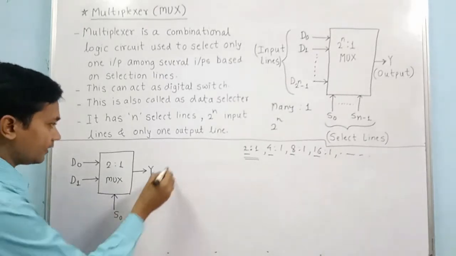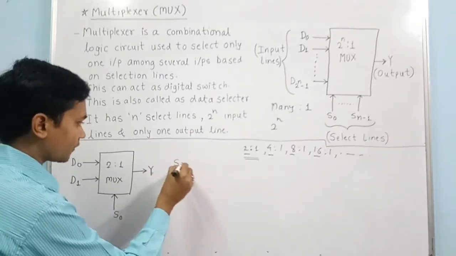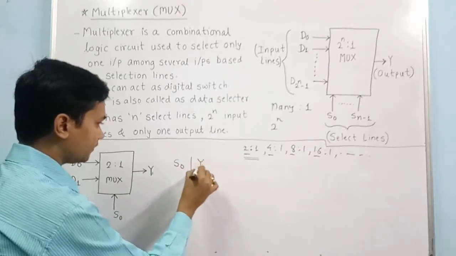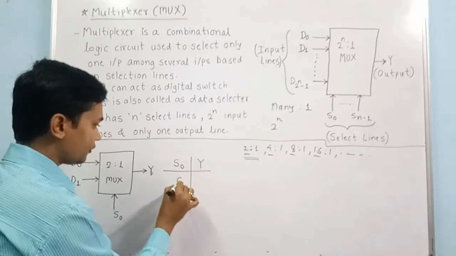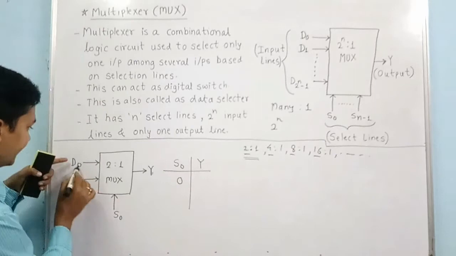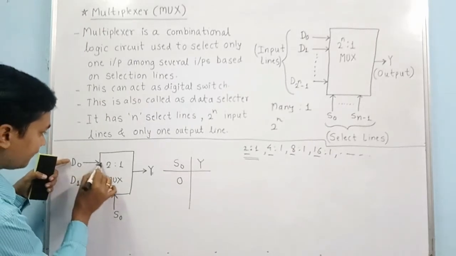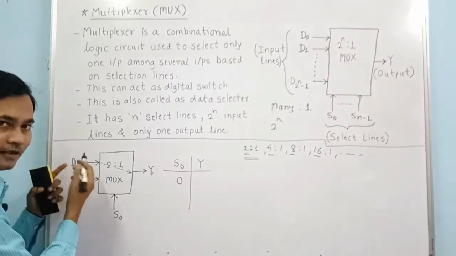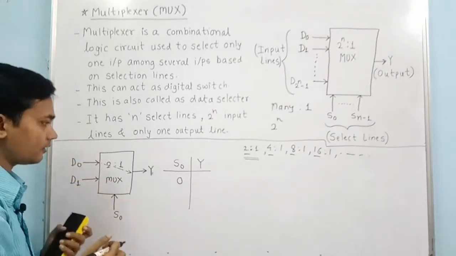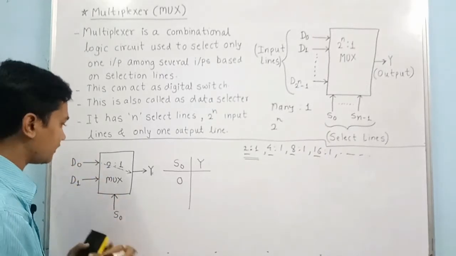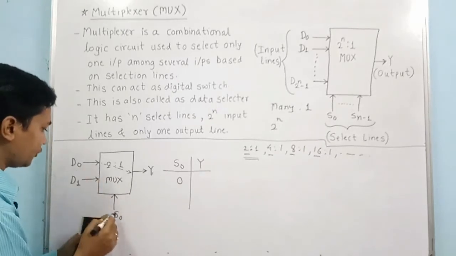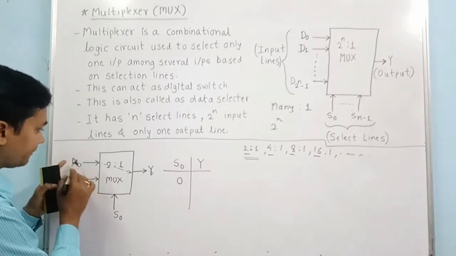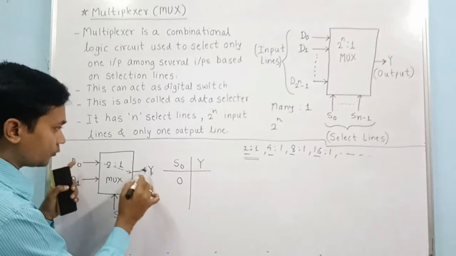So here if the select line is 0, then the D0 status will be transmitted at the output. The D0 status may be 0 or 1, that doesn't bother, but whatever input is available at D0 will be transmitted at the Y output line.